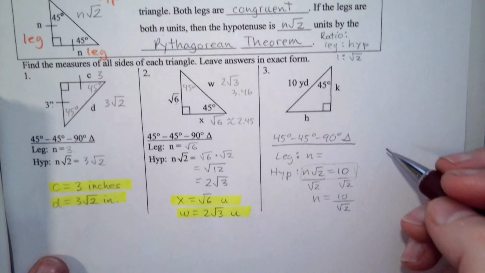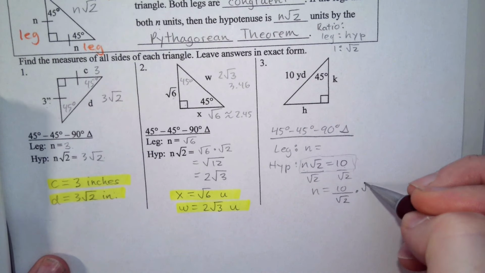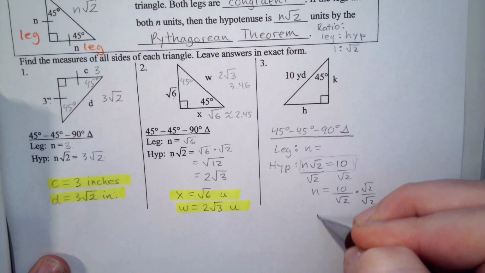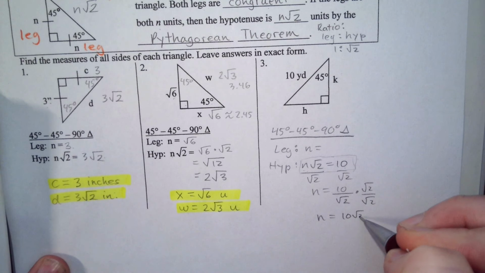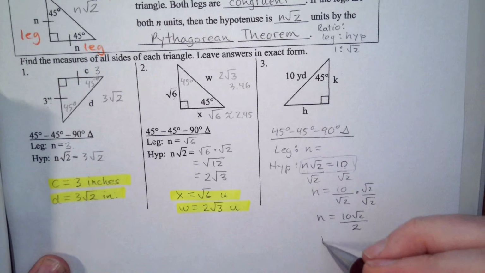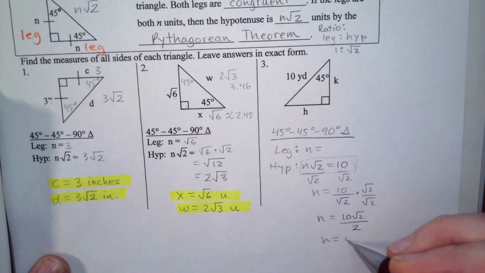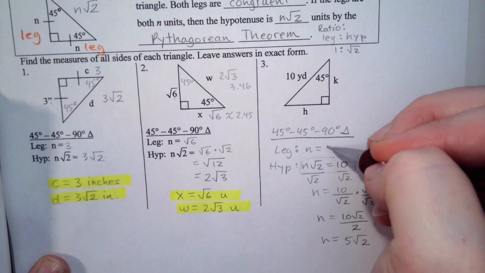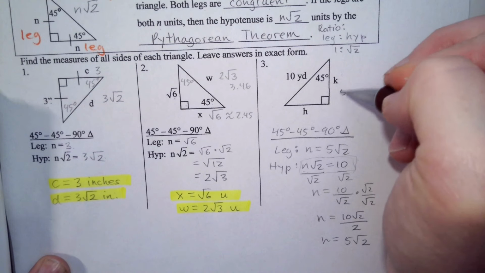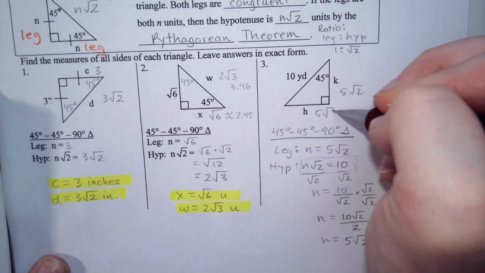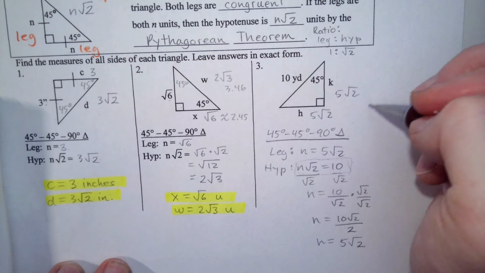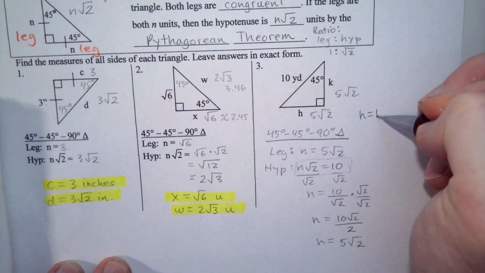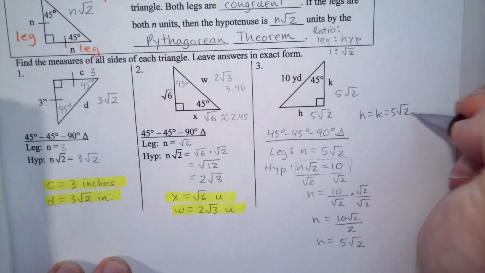We're going to rationalize the denominator, so multiply by root 2 over root 2. So n equals 10 root 2 divided by 2. Simplify the 10 and the 2, so we get 5 root 2. So the leg is 5 root 2. So 5 root 2 and 5 root 2. Okay, answer the question. So h equals k, which equals 5 root 2 yards.